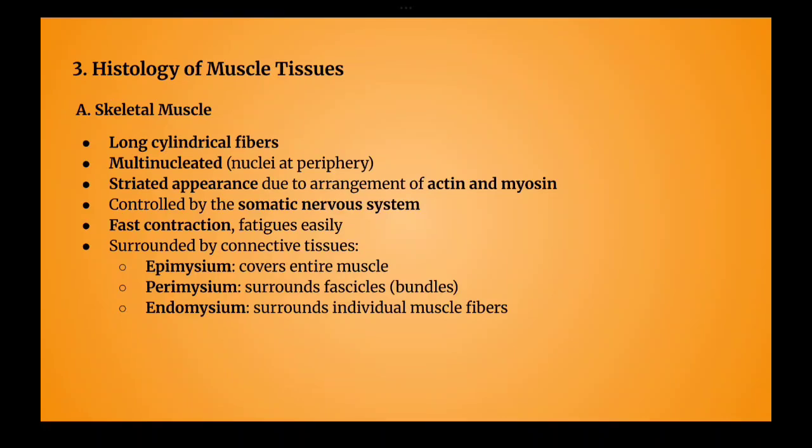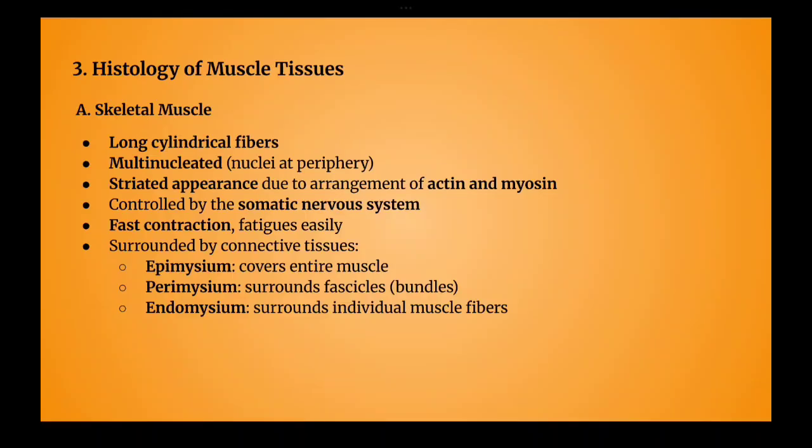They have fast contraction and fatigue easily. They are surrounded by connective tissues: epimysium covers the entire muscle, perimysium surrounds the fascicles or bundles, and endomysium surrounds the individual muscle fibers. I'll show you an image of how each layer is surrounded by connective tissue.